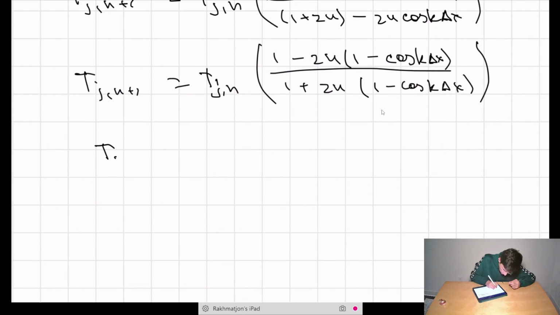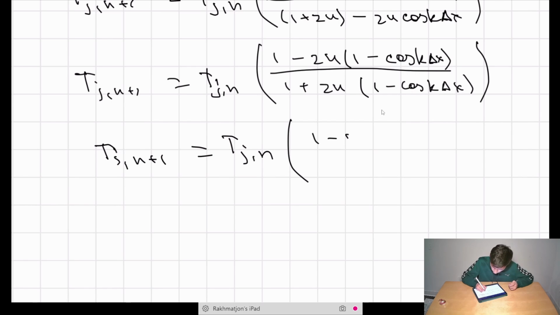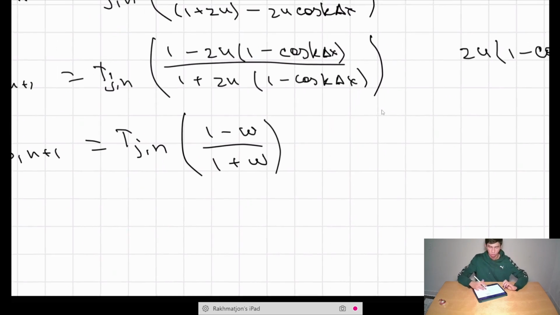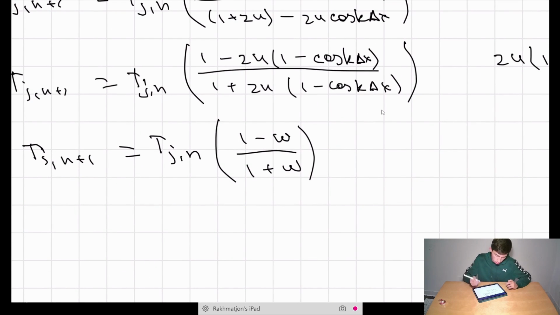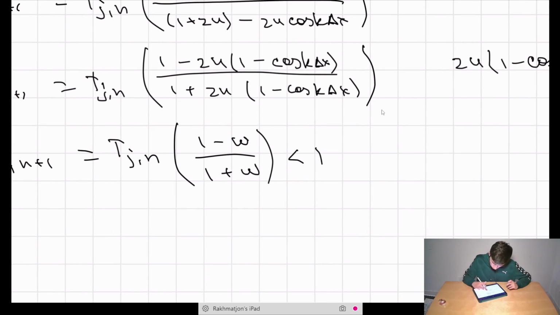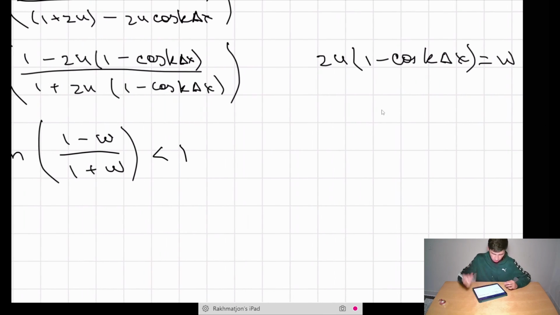If I rewrite my equation with a new variable, it becomes 1 minus omega over 1 plus omega. We want to show that this thing being multiplied with Tj at the current time is less than 1. Let's see what omega is equal to.